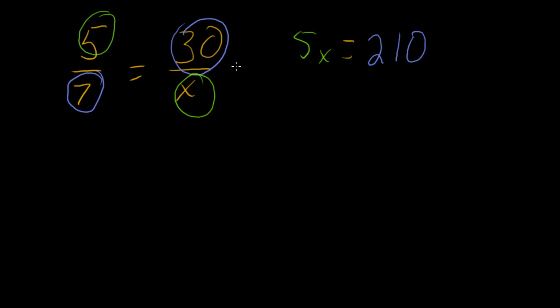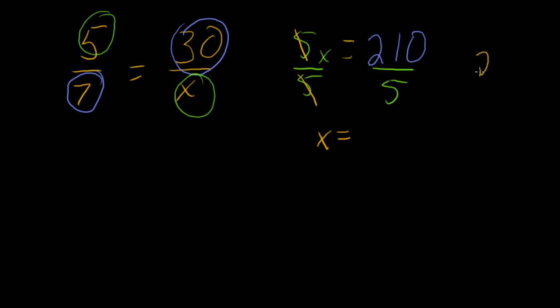How do we go about solving this? Just a one-step equation. Let's divide this by 5, divide this by 5. These cancel each other out, so we get x equals 210 divided by 5.